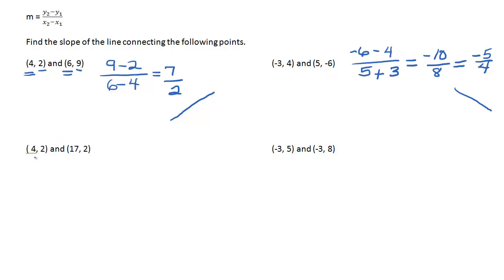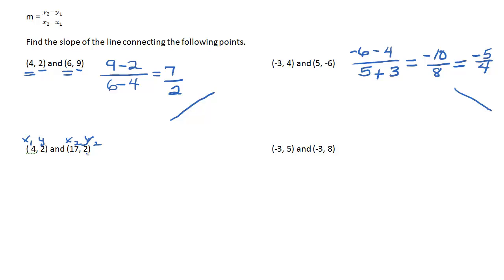Here's a third example. We have the point 4, 2 and 17, 2. So my first x, first y, second x, second y.